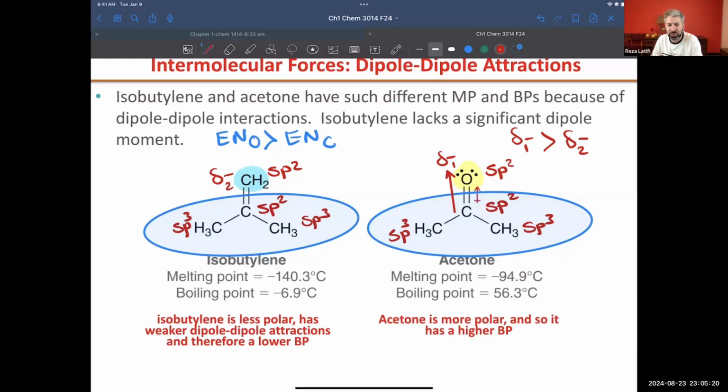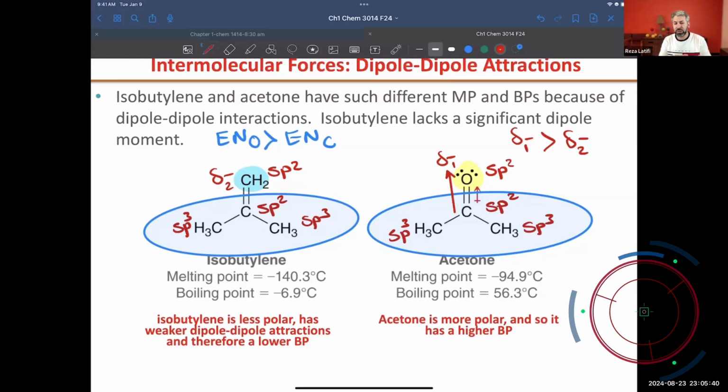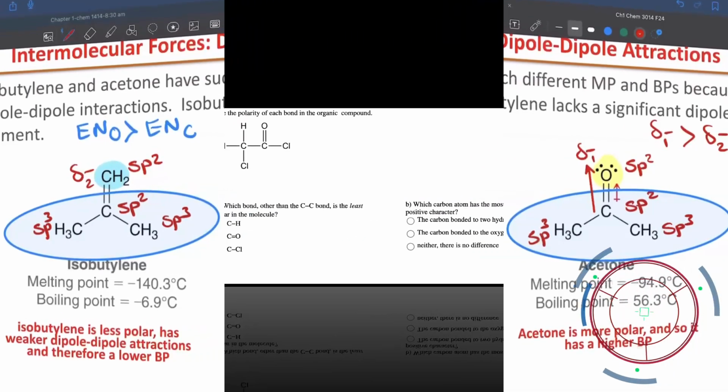If you have a stronger intermolecular force, you will be attached to your neighbor. And if I want to evaporate that molecule to the gas phase, I need to cut that intermolecular force. It's going to cost me more energy. That means I'm going to wait longer until I melt it or boil it.